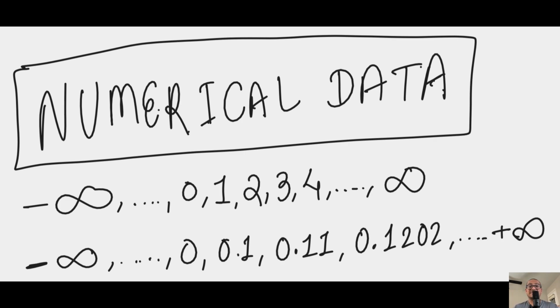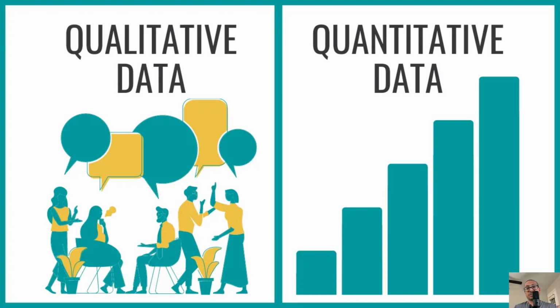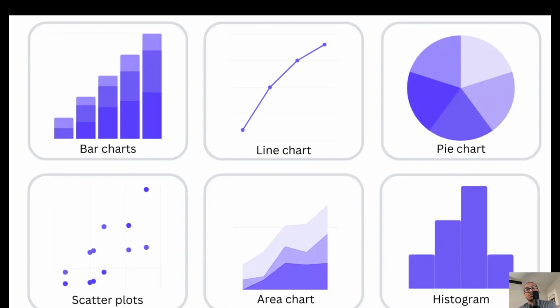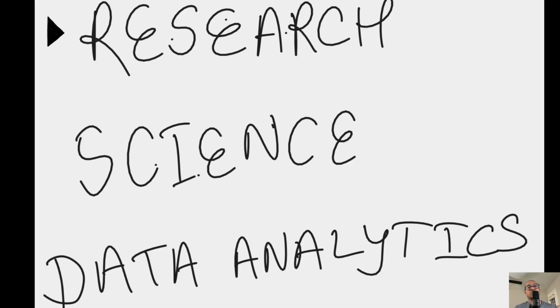Unlike qualitative data, which deals with characteristics and categories, quantitative data focuses on numbers and measurements. Things like height, weight, time, quantities, and so on. These kinds of data can be used for calculations and statistical analysis, which makes it essential for almost all fields like research, science, data analysis, and so on.